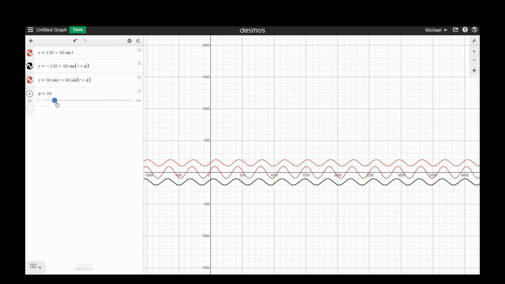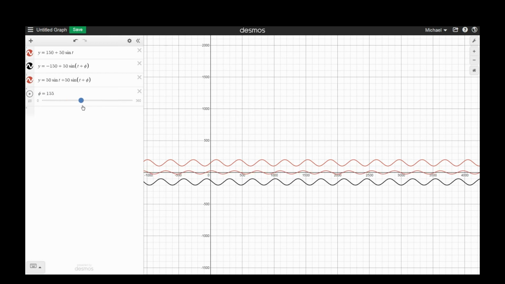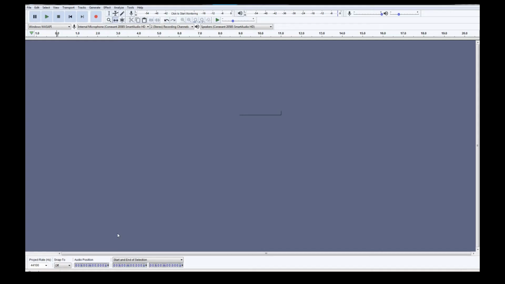When the wave shifts by 180 degrees, the two waves go to total destructive interference. And this is not just applicable to sound, but it's an integral part of grade 12 academic physics. So next, we're going to go and see what this sounds like.